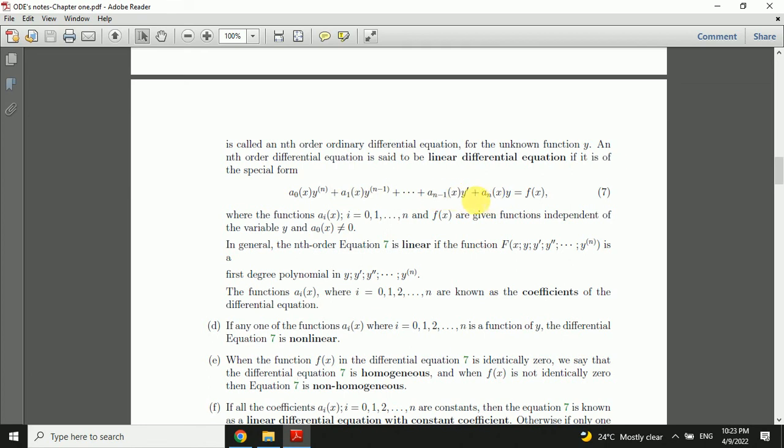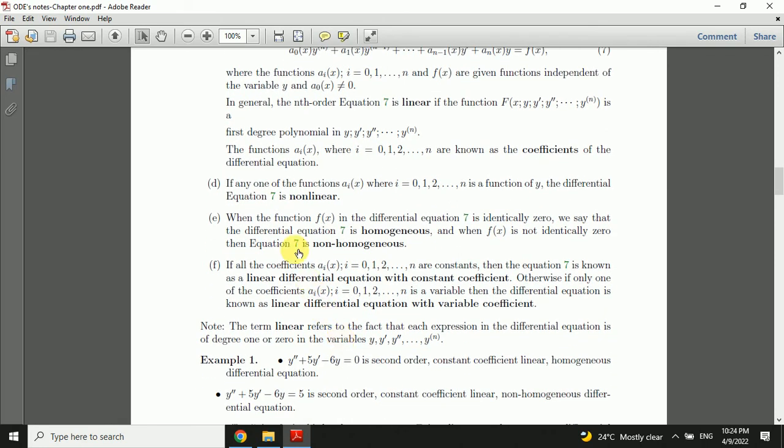So the coefficients must be either functions of x or constants for equation 7 to be a linear differential equation. But if the coefficients are functions of y, for example, that's what part D is trying to say, then the differential equation 7 will be a nonlinear differential equation.